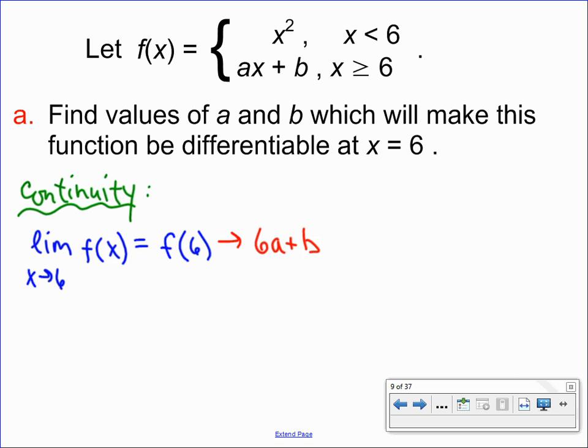The left-hand limit of my function values must equal the right-hand limit of my function values as x approaches 6. So for my left-hand side, I have to do 2 checks. I need my left-hand limit and I need my right-hand limit.